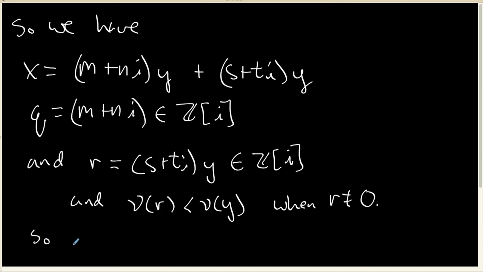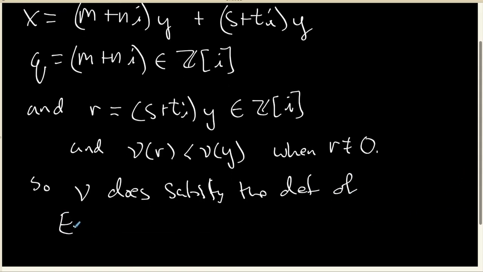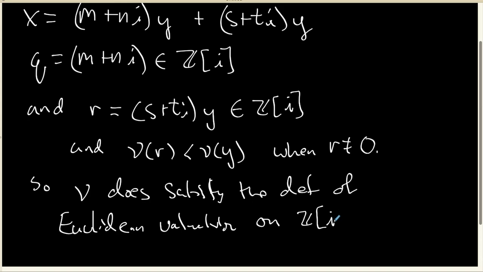So nu does satisfy the definition of Euclidean valuation on the integral domain Z[i], in other words, on the ring of Gaussian integers. And that's enough to say that the set of Gaussian integers is indeed a Euclidean domain.